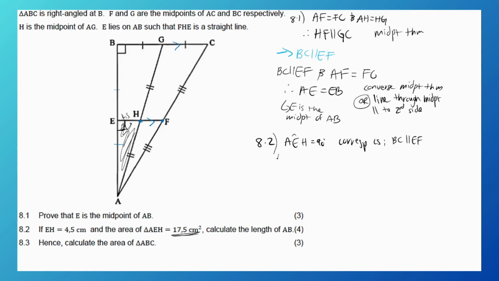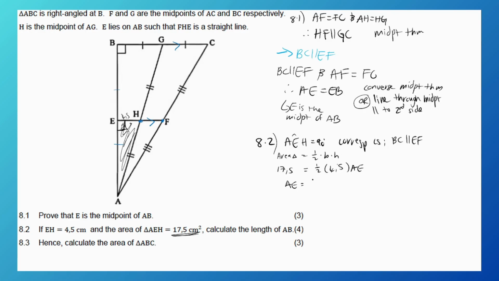Then you can say the area of a triangle is equal to half base times perpendicular height. The area we were given is 17,5. It's a half, and then you have the base, which is 4,5. You just need to find the height, which is, let's call it AE for now.